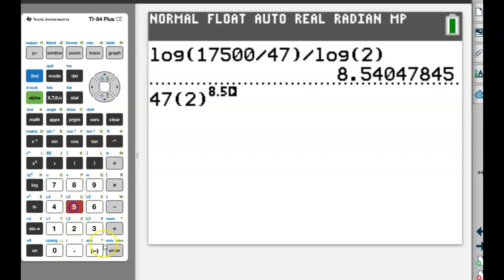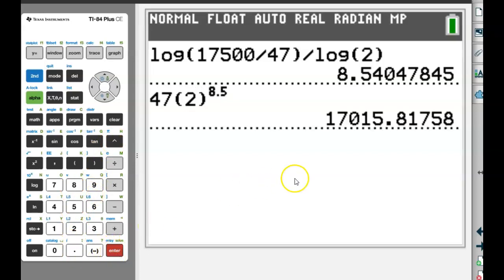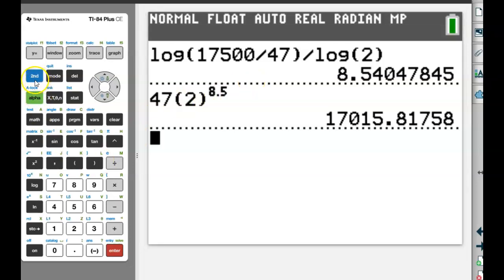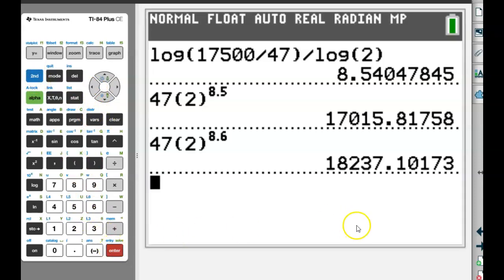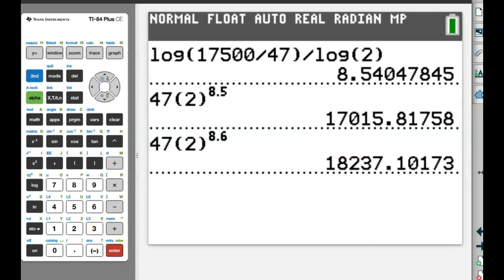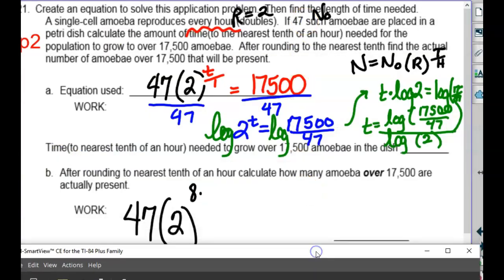Oh, it's not over 17,500, right? So if we make it 8.6, then it is well over 17,500. So 8.6 is what we need it to round to.